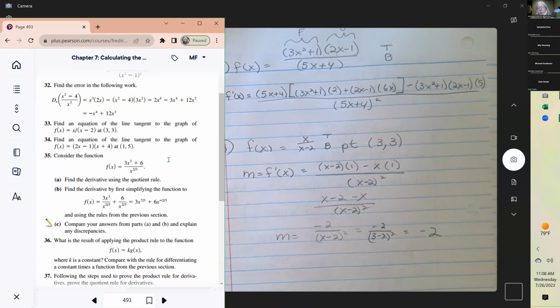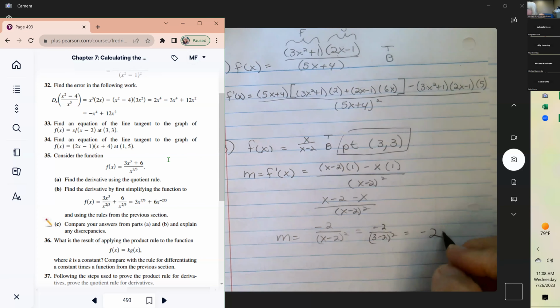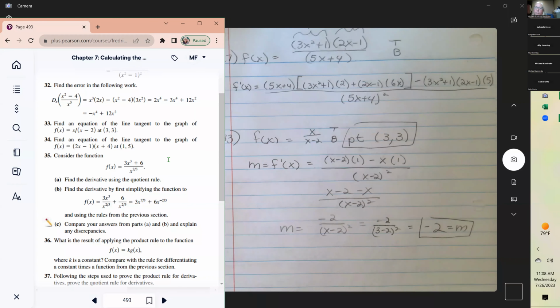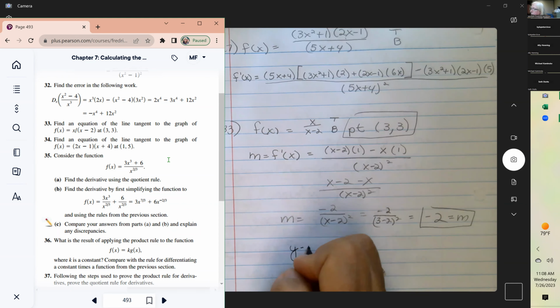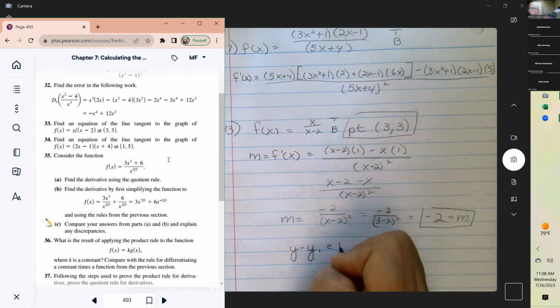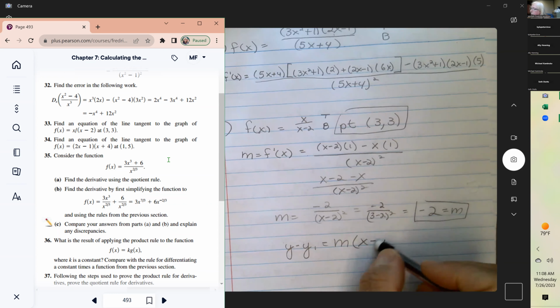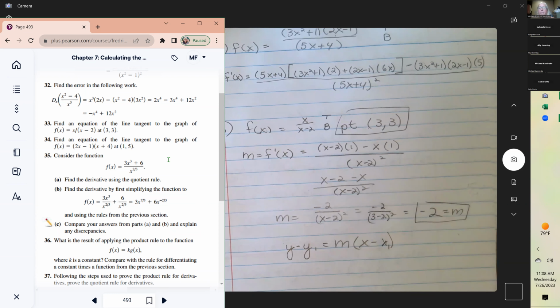And we get negative 2. So now we have a slope and we have a point. Any questions?